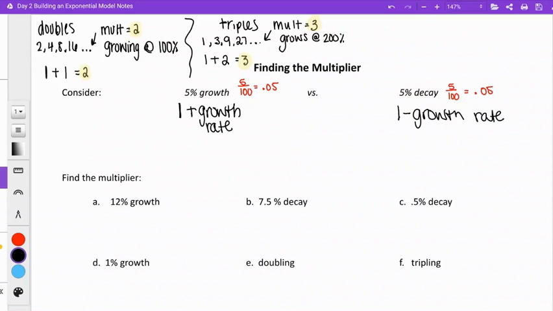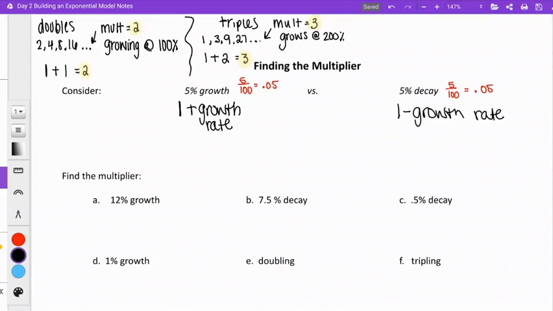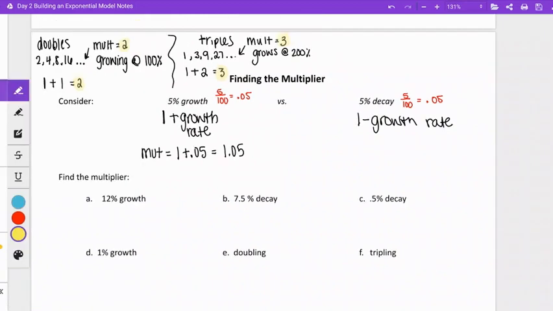So for instance, when we always say that if something's growing, your value is going to be bigger than 1, our multiplier in this situation is now 1 plus 0.05, which simplifies to 1.05, which, if you highlight that, is bigger than 1.